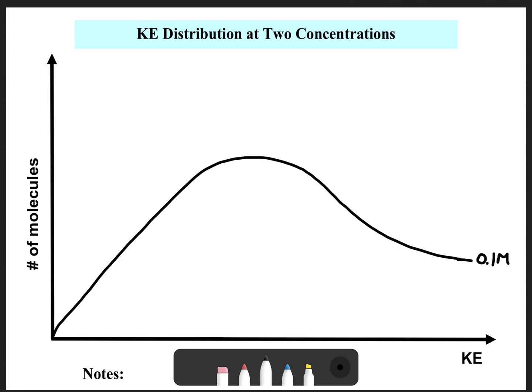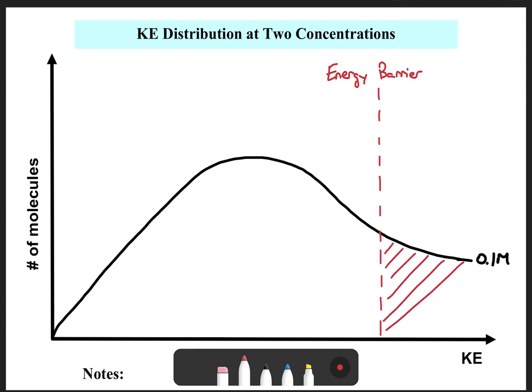And at a low concentration, let's say that this would be 0.1 molar. And we'll draw our energy barrier in here. The molecules to the right of the energy barrier would be available to form products.